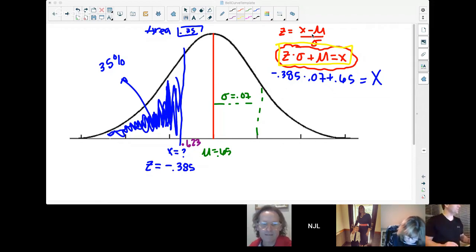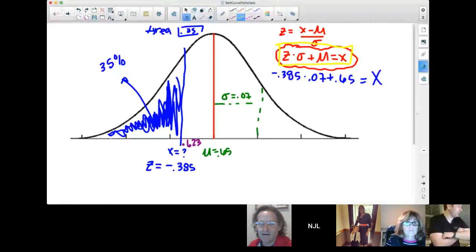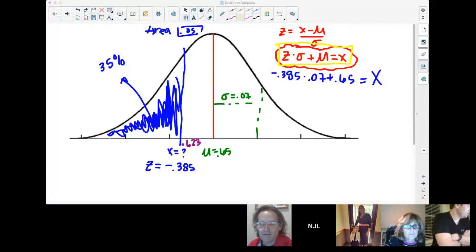Ed, do you want to take us through 18? If there are any unanswered questions or uncertainty, we can walk through it real quick. Okay, find the 80th percentile for the protein requirements for adults. On the applet, we'll put in 0.80 and make sure you have the correct area shaded.